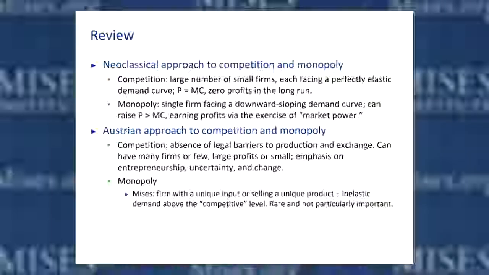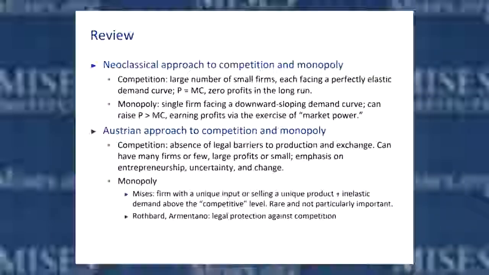So that firm is the only plausible producer in that particular market. Plus you have an inelastic demand for the firm's product above the price that otherwise would have obtained in the absence of the firm having a unique resource, the so-called competitive price. And for Mises, this situation can be analyzed, but it's rare and it's not particularly important.